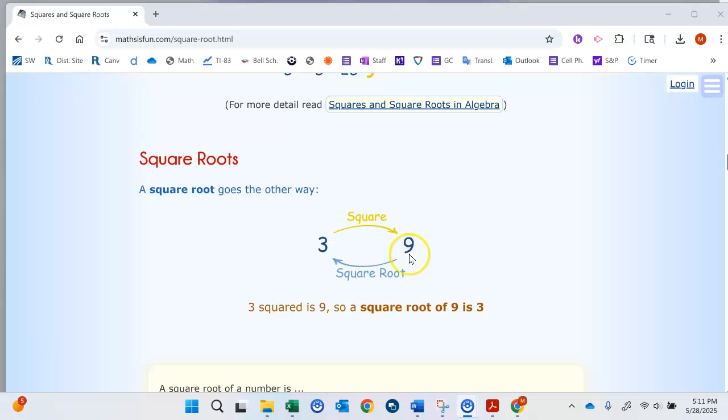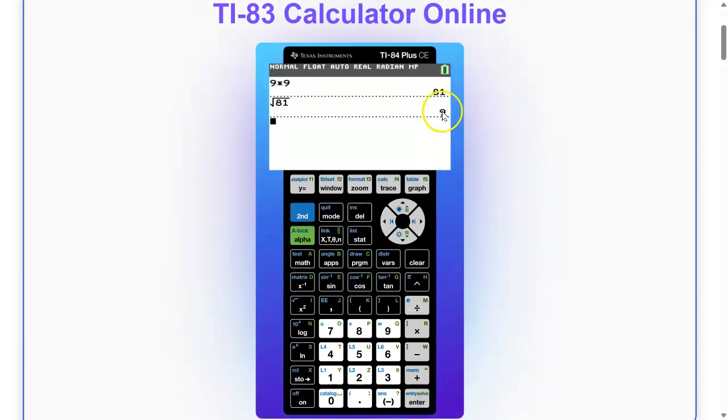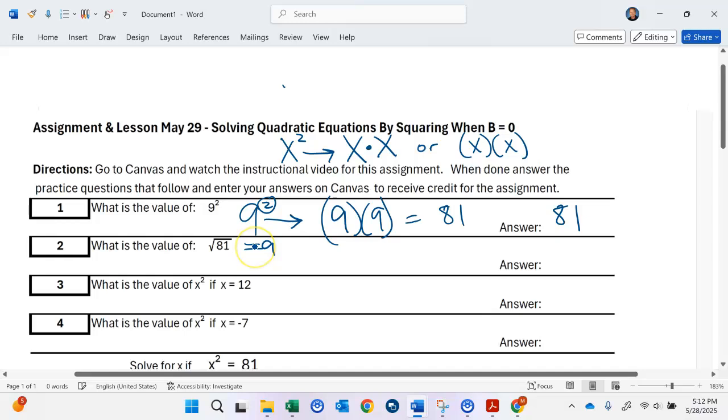For the square root, you ask yourself, what is the square root of 9? So we take our calculator, we can go to this square root right here, but it's blue, so we go second, root, and then we go 81, enter, and we get 9 as the answer. Equals 9, okay? So the answer is 9.